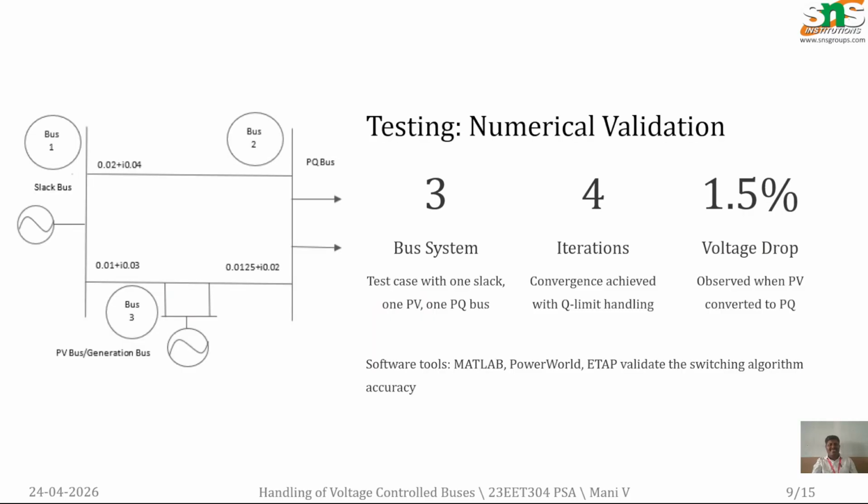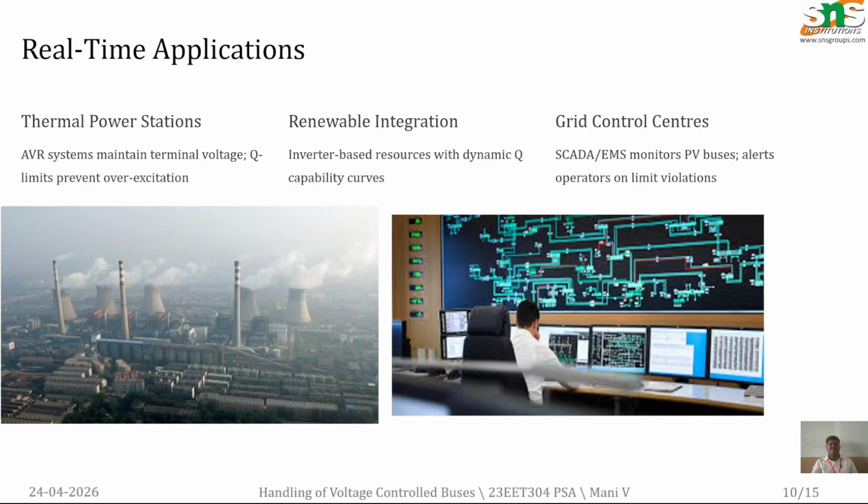So in the testing stage, we can take a 3-bus system and go up to 4 iterations, and in each iteration we check the reactive power limit. When the reactive power limit is violated, the PV bus is converted to a PQ bus. During this conversion, 1.5% of the voltage gets dropped.